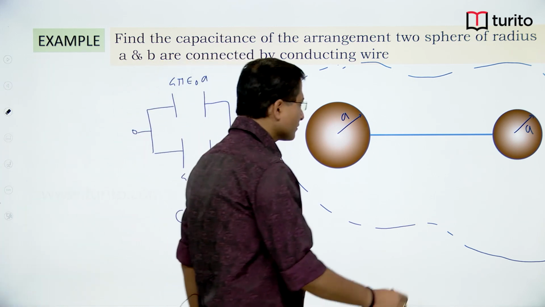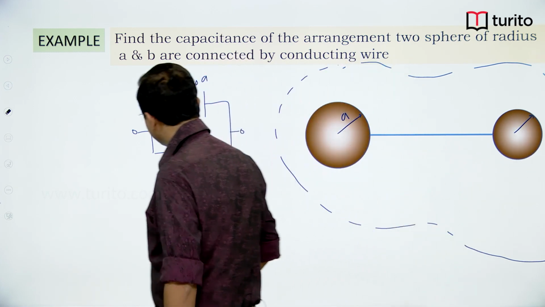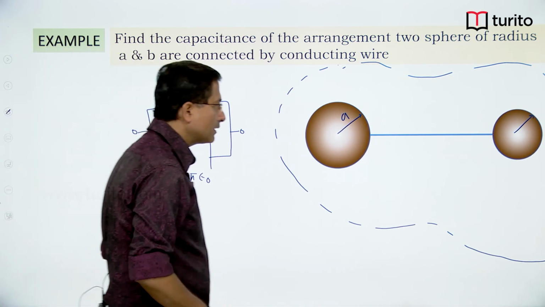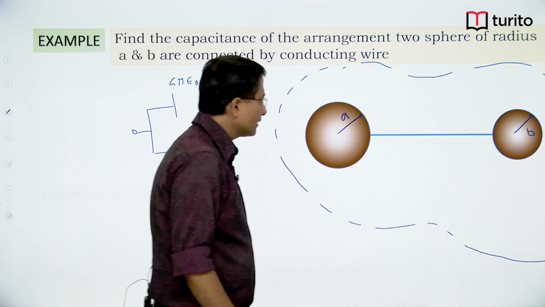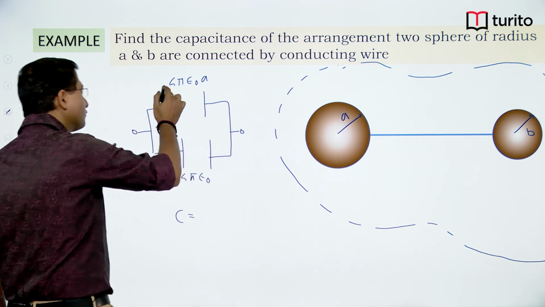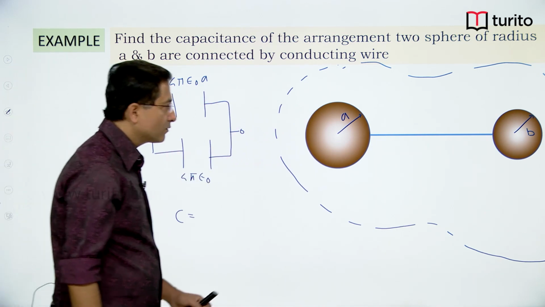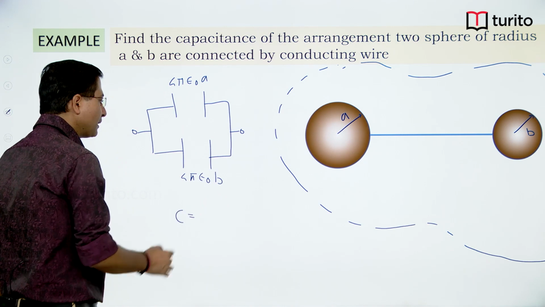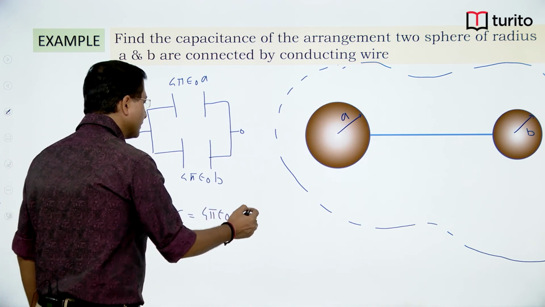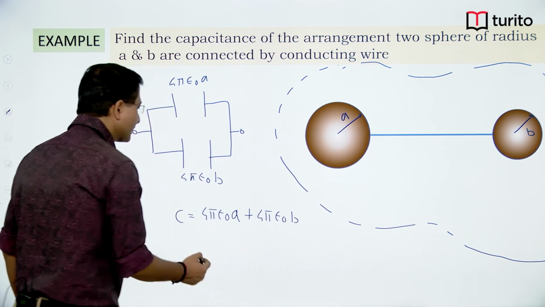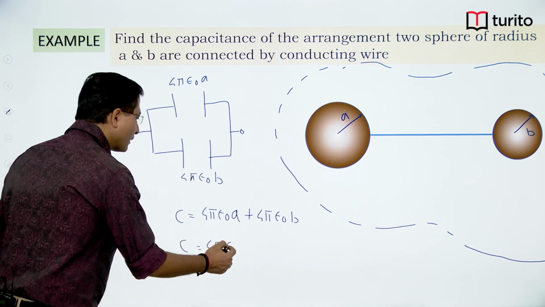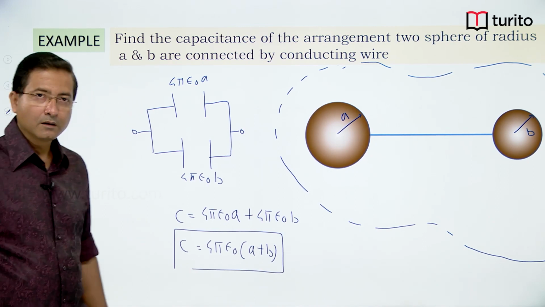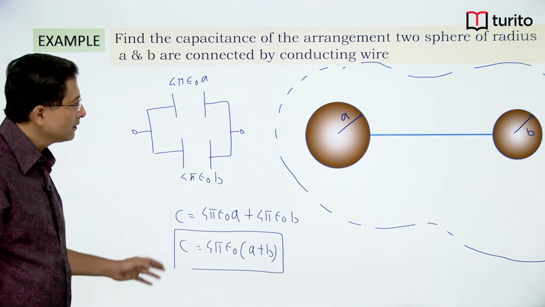If I take this as something else like B, then the capacitance of this isolated one will be 4 pi epsilon naught A, while the capacitance of this one will be 4 pi epsilon naught B, and as these two are connected in parallel, I can write 4 pi epsilon naught A plus 4 pi epsilon naught B. In that case, the capacitance of this system will be 4 pi epsilon naught (A plus B). Right. So, directly we got the value.